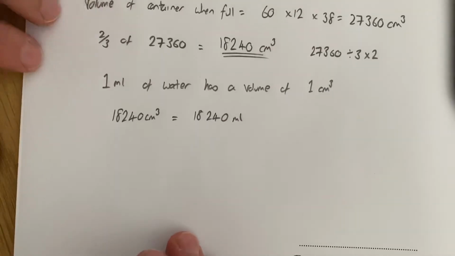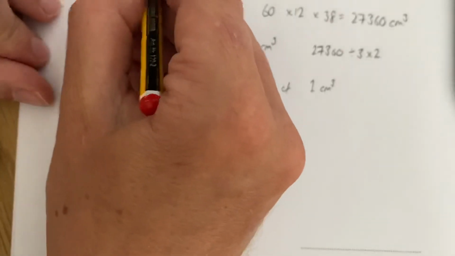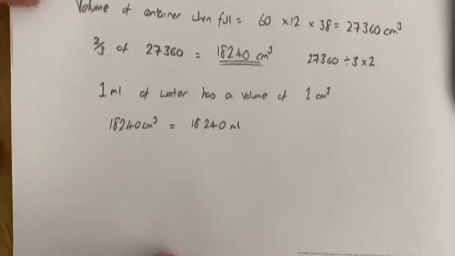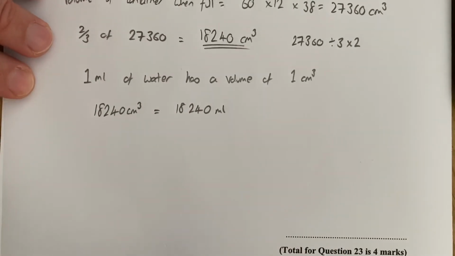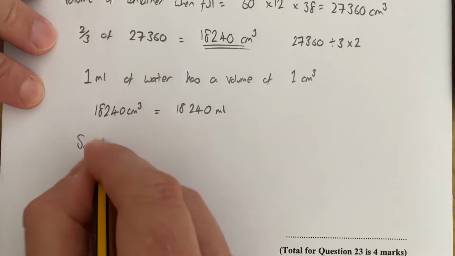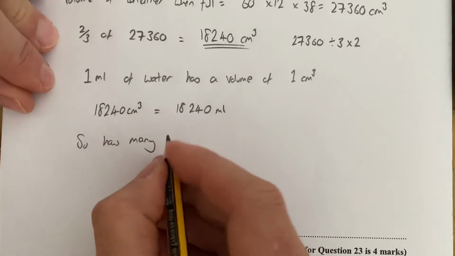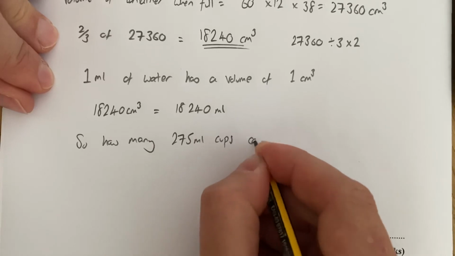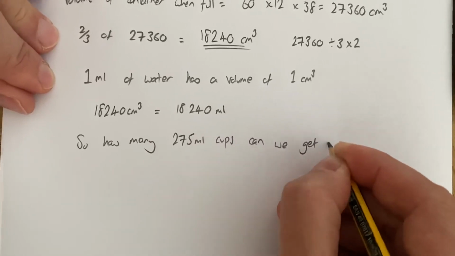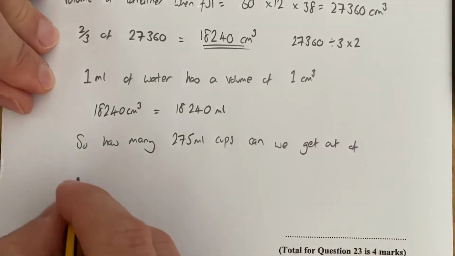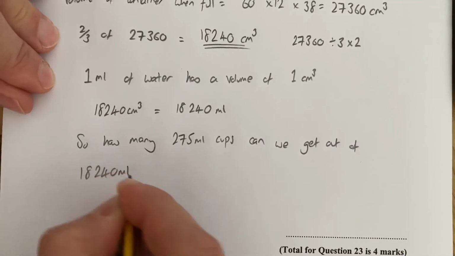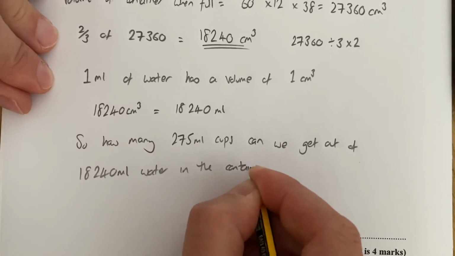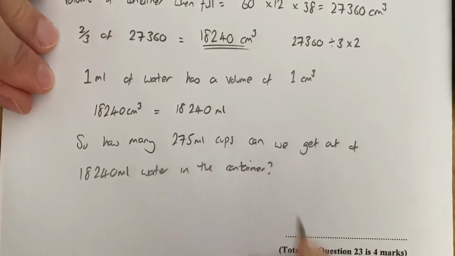So our question now is simply, how many 275 millilitre cups can we get out of 18,240 millilitres of water in the container?